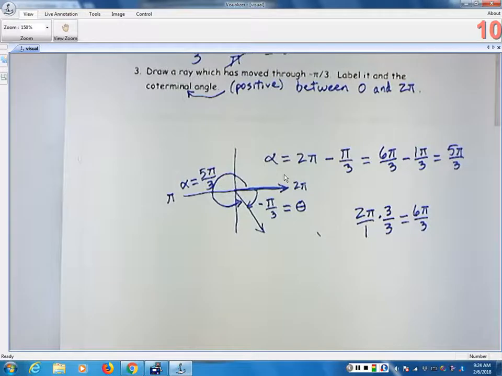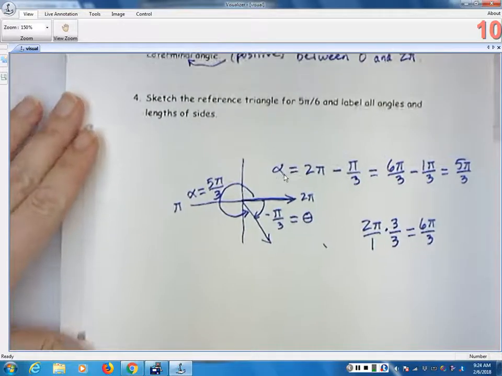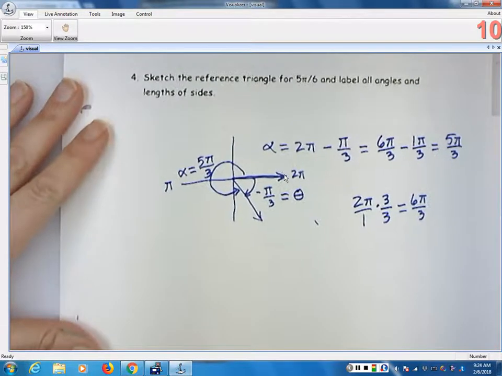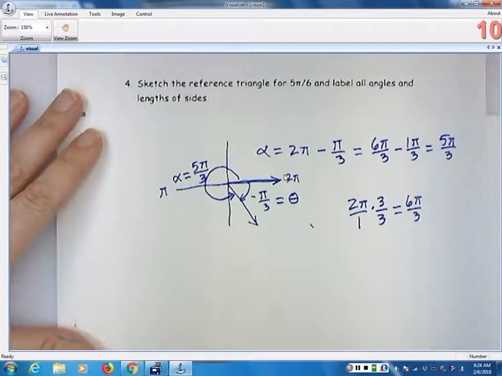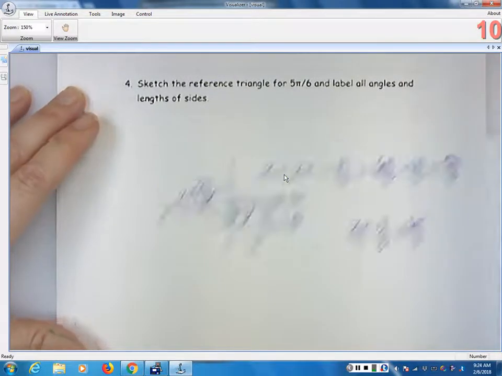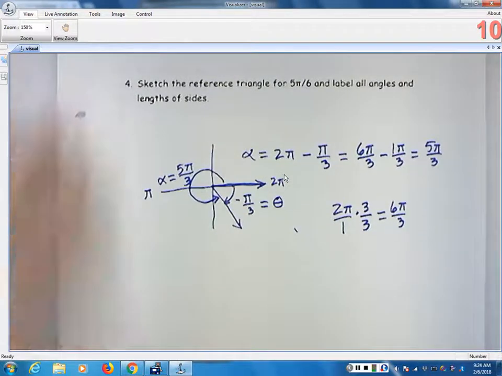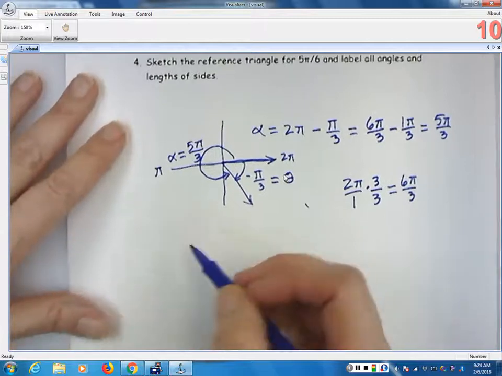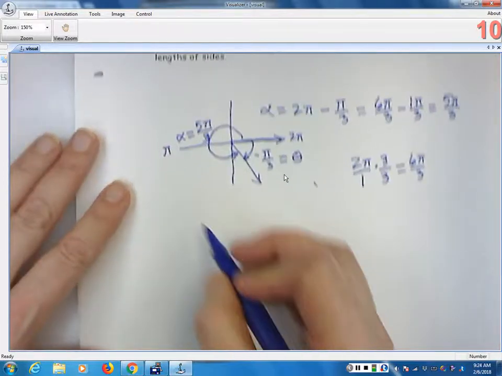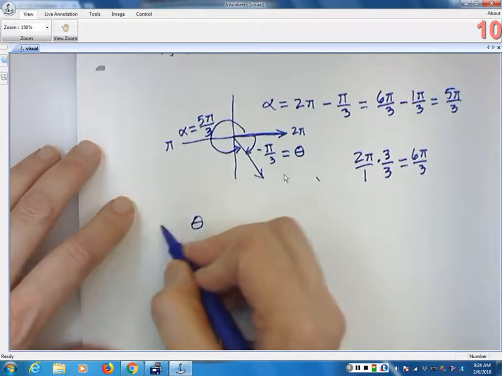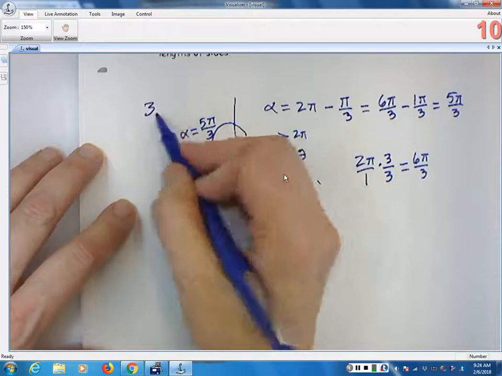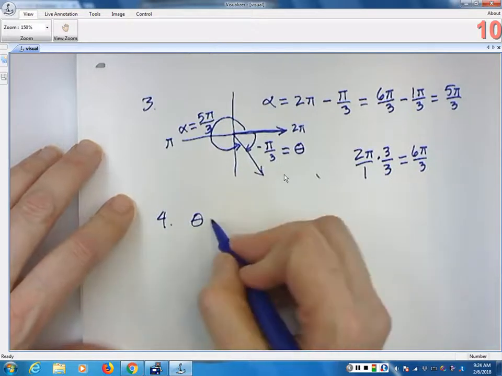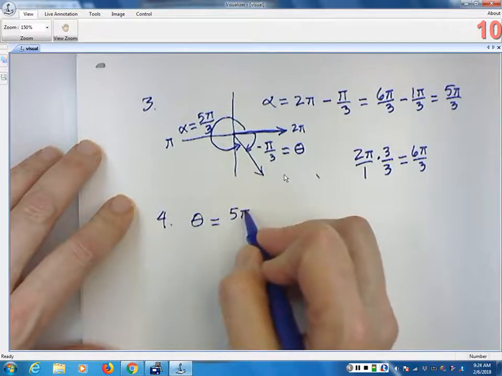All right. And then you also need to be able to sketch reference triangles. So, really not a lot of here for pi over 6. The reference triangle, so theta, this is number 4, 3. Theta equals 5 pi over 6.